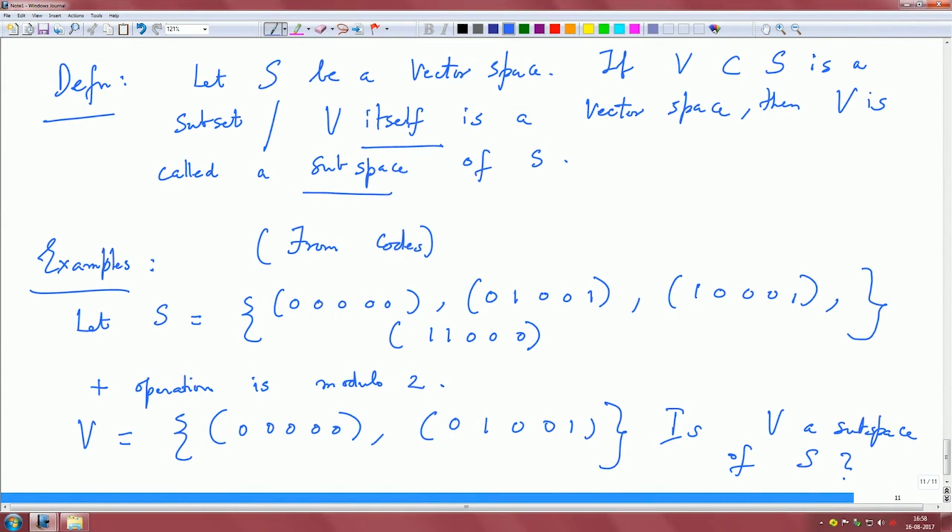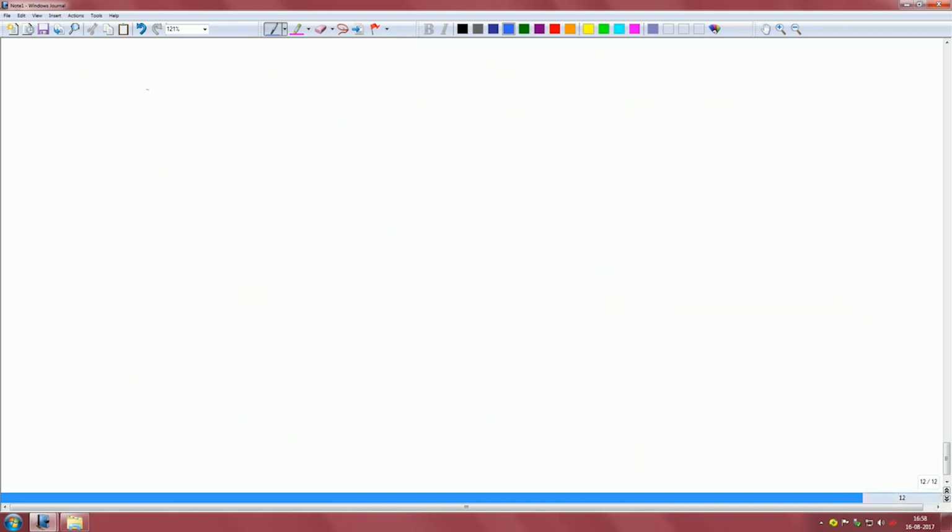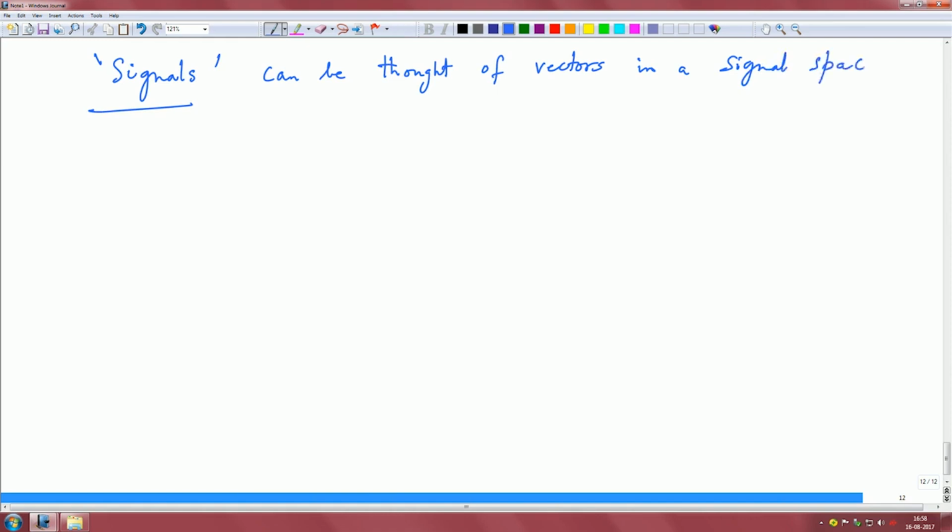Now signals, this is very important for us because it is a signal processing course, not a linear algebra course. So we have to bridge the connection. Signals can be thought of as vectors in a signal space.